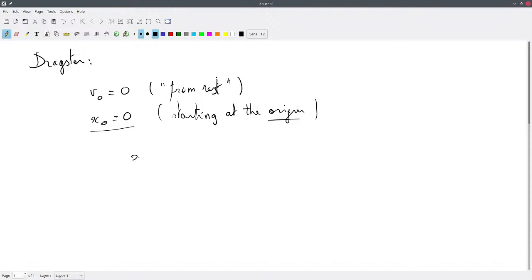And then we know that the acceleration is, what was it, 26.0 meters per second squared. So to get x, we'll use x is x0 plus v0t plus 1/2 a t squared.